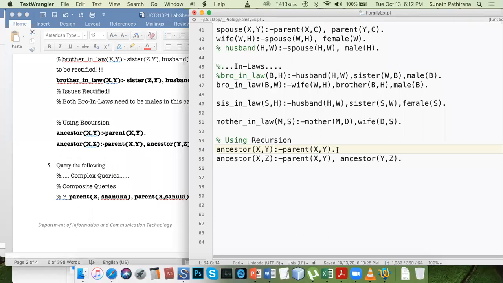Directly blood related. That means an ancestor can be one of our parents, and parents' parents, like that.